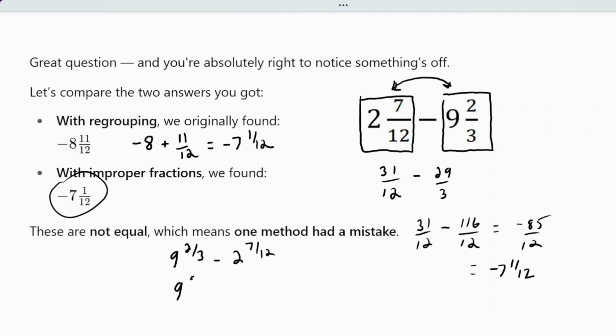So this would be 9 and 8/12 minus 2 and 7/12 when we get a common denominator. Now we can subtract whole numbers, 7, and 8/12 minus 7/12 is 1/12. And then what we want to do is take the opposite of that because we reversed this. So the answer would be, when we reverse that back, negative 7 and 1/12.